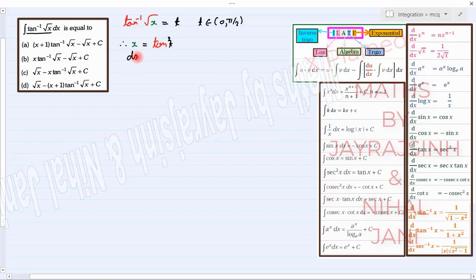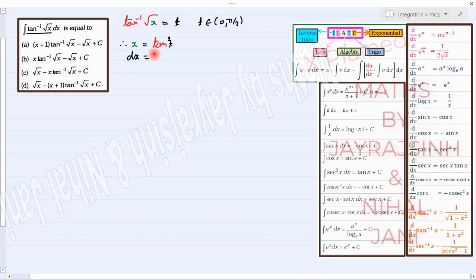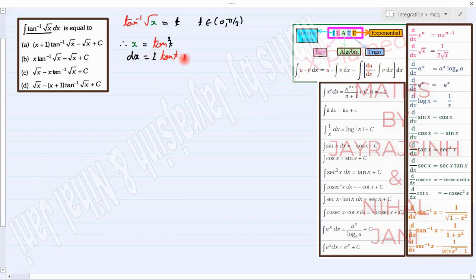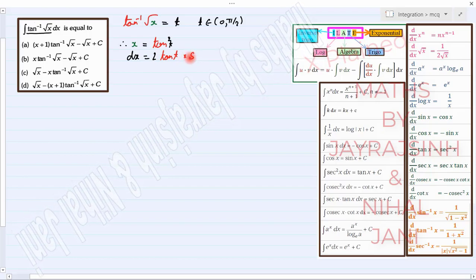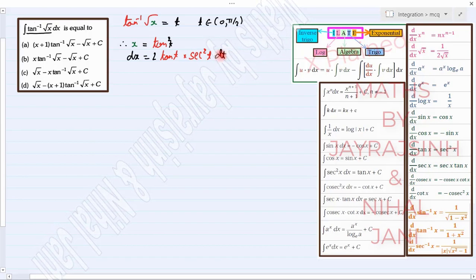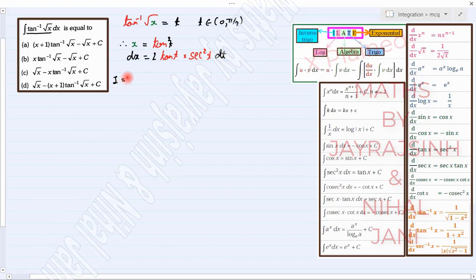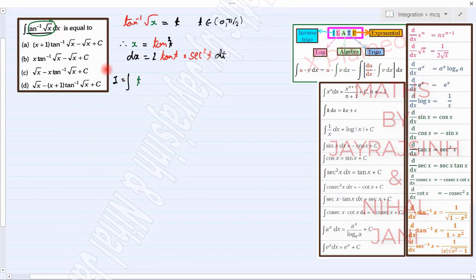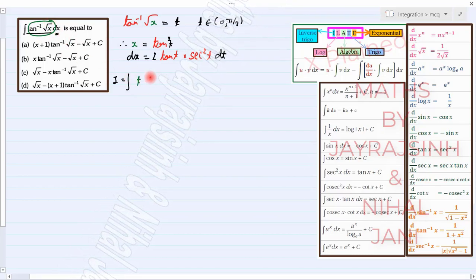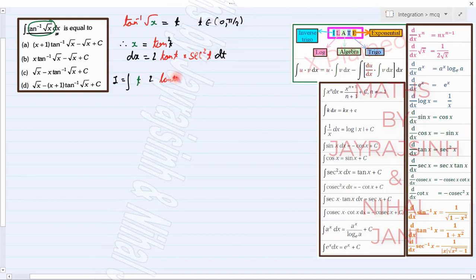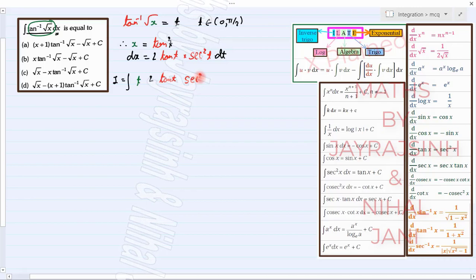Differentiate both sides, we will get dx is equal to 2 into tan t into the differentiation of tan t, which is sec square t dt. So we are ready to integrate. This tan inverse root x will become your t, and this dx will become 2 times tan t into sec square t dt.